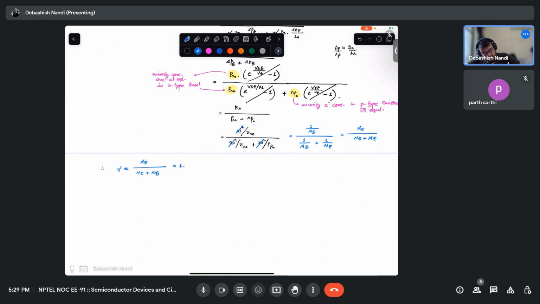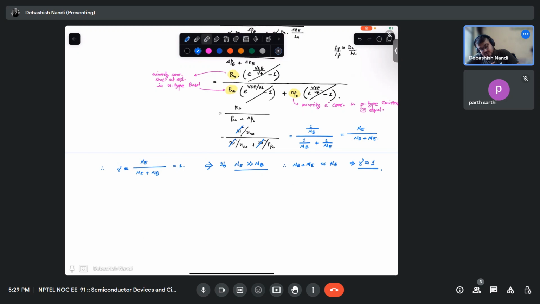So from that we can easily say that if Ne is much greater than Nb, or the doping concentration of the emitter is much greater than the doping concentration of the base, then Nb plus Ne will be almost equal to Ne. That leads to gamma being almost equal to 1.